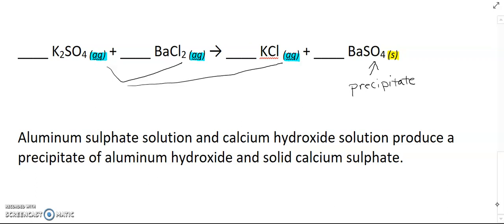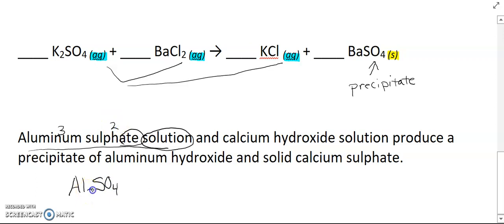So this tells me that it is aluminum sulfate solution. So when I write this out, I not only need to write the formula for aluminum sulfate, which is an ionic compound. Aluminum is going to have a 3+ charge, and sulfate is going to be SO4, the 2- charge.